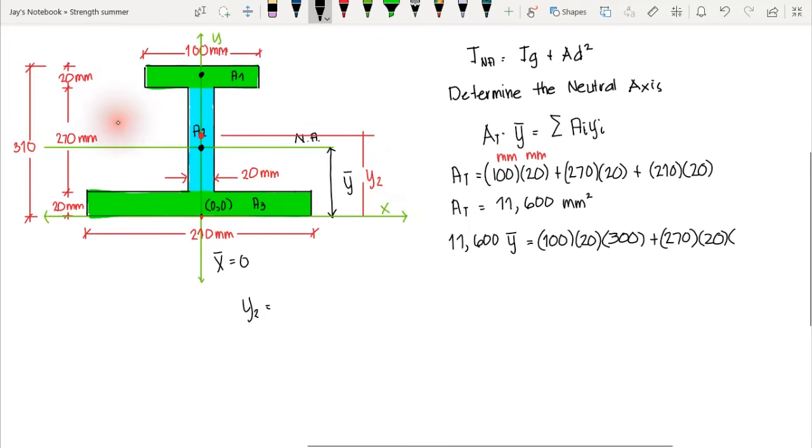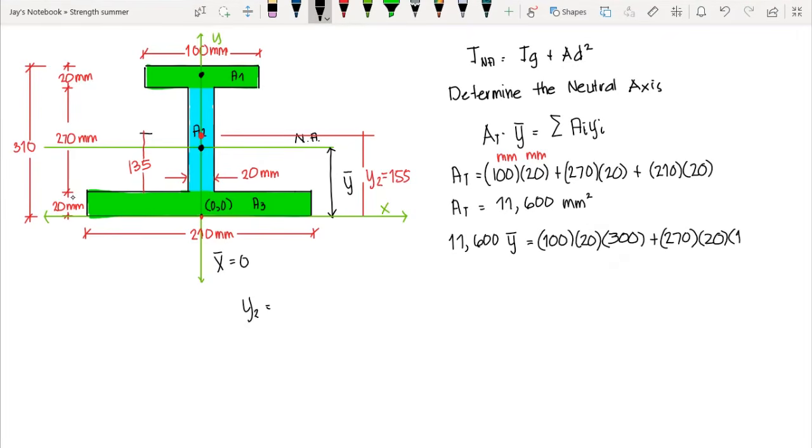Okay, so 270 divided by 2 is equal to 135. So from this point, that's the centroid, up to this point, that is 135, correct? Then we add 20, the thickness of our flange, that is equal to 155. So we have our y2 here, 155 mm.